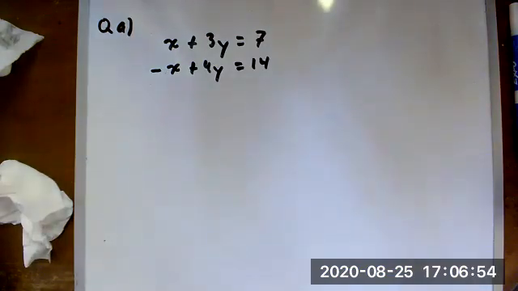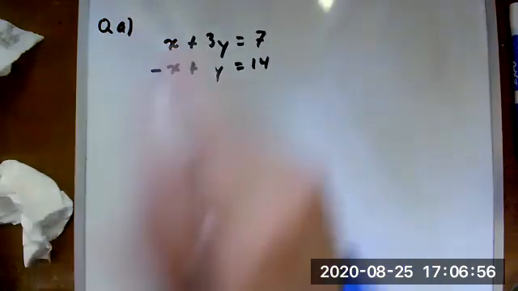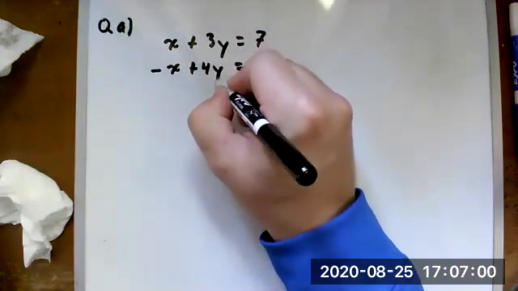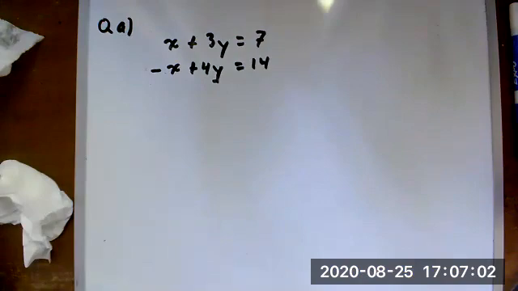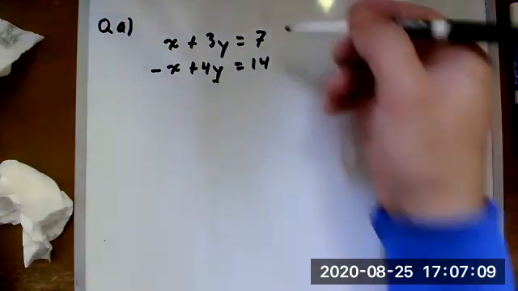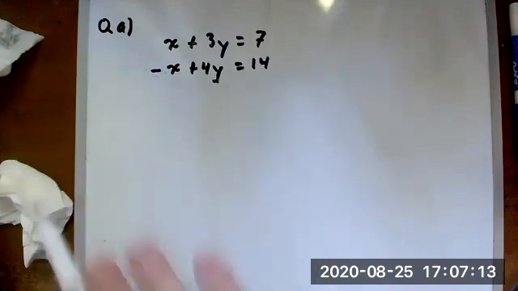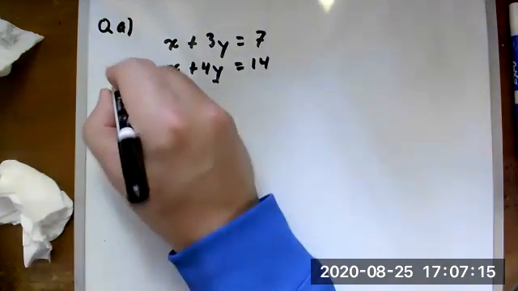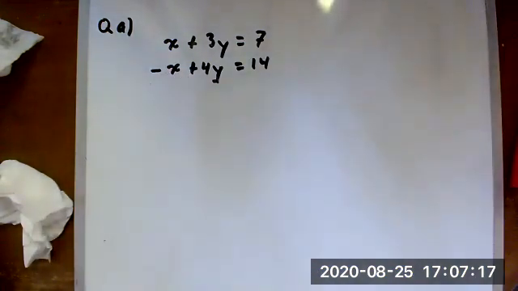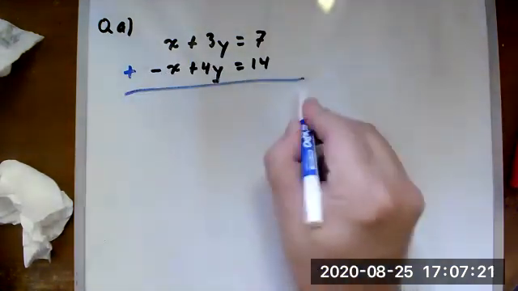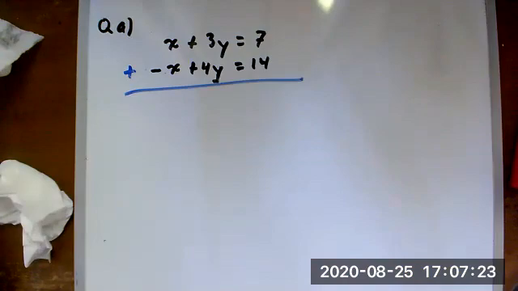The thing that we're looking for when we do elimination is we're always looking to see how we can add or subtract our pair of equations so that one of our variables disappears, so that one of those variables goes to 0. So then, I look at this, I see I have a positive x in the first equation and I have a negative x in the second equation. So because of that, I decide that I can add these equations, and I will create a third equation, which should be much simpler.